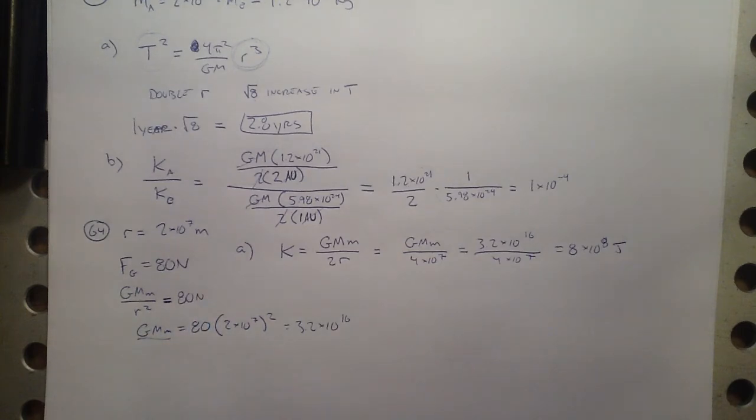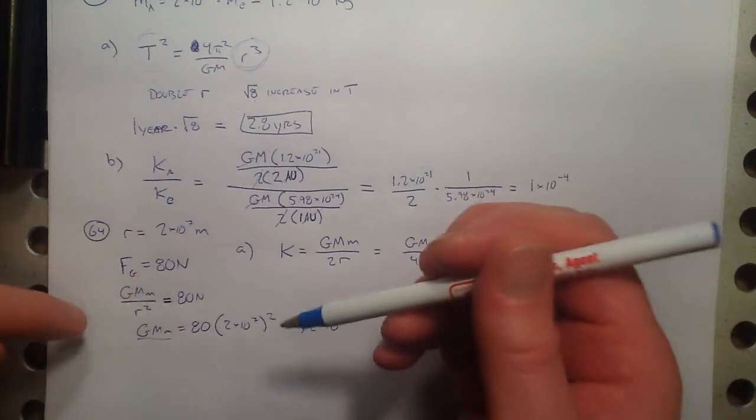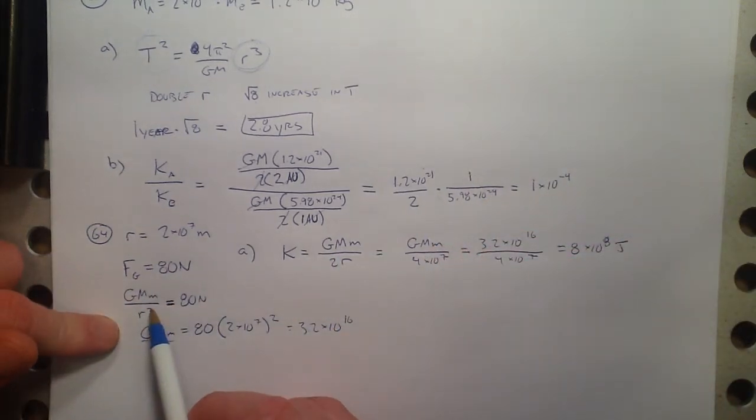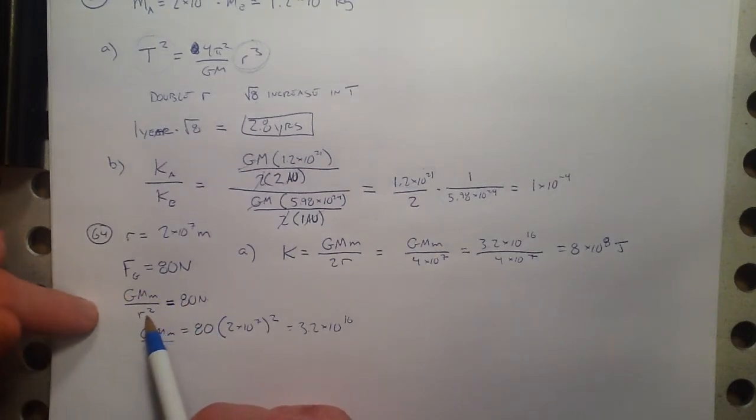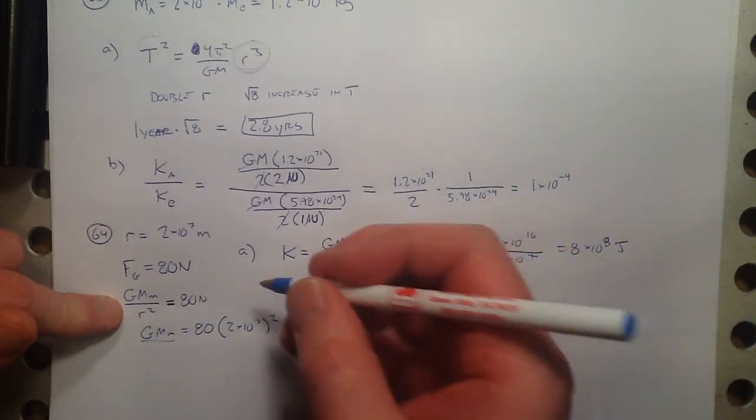And now they want to know, if I increase the r to 3 times 10 to the 7th, then what's the F going to be? What would F be if the orbit radius were increased to 3 times 10 to the 7th? Well, I know it's 80 newtons. None of these things are going to change, those are all constants. So if I increase this from 2 to 3, then this would go from 4 to 9.